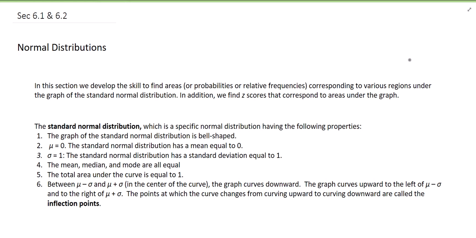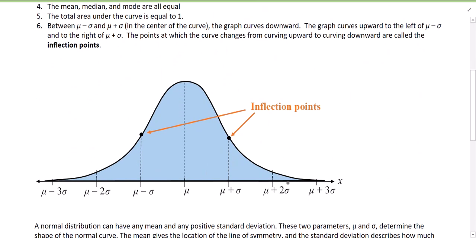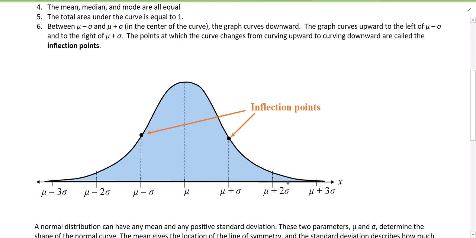And then between mu minus 1 standard deviation and mu plus another standard deviation, we have the inflection points. So looking at this graph here, this is the bell-shaped curve, and this is where it starts to curve downward. As you see it change, this is curving up, and then right at that point it switches to curving downward, and then here it's curving down, and then it switches to curving up again.